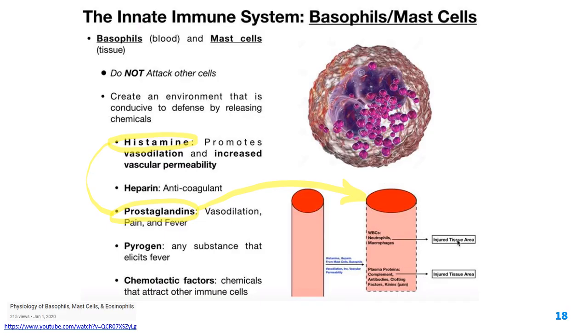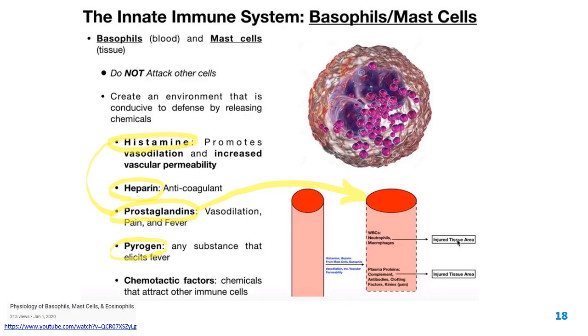Now, besides that, they also have this other molecule here, heparin. Heparin is very good to prevent blood clots, so prevent coagulation. And they also have this other effector molecule that is called pyrogen. That molecule acts like a hormone. It goes in the bloodstream, it travels all the way to your brain, it goes into the hypothalamus, and it causes fever.